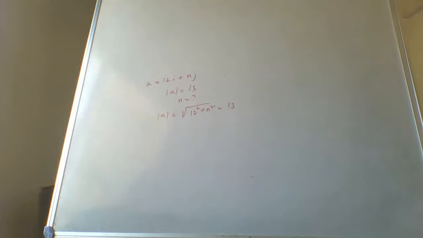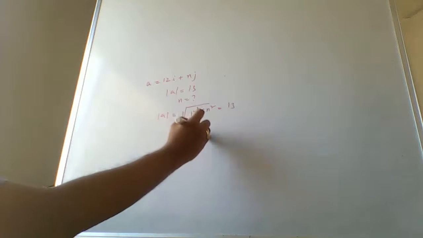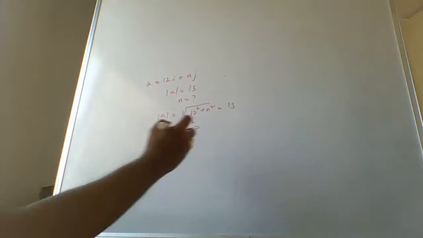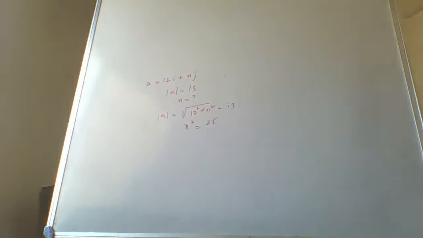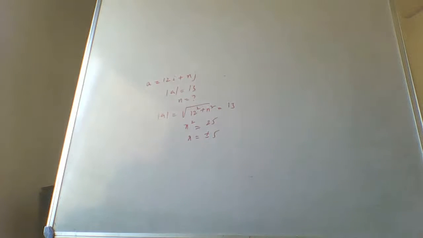We know 12 square is 144. When you simplify it, I get n square as 13 square minus 144, so n square is 25. So n will be plus or minus 5.